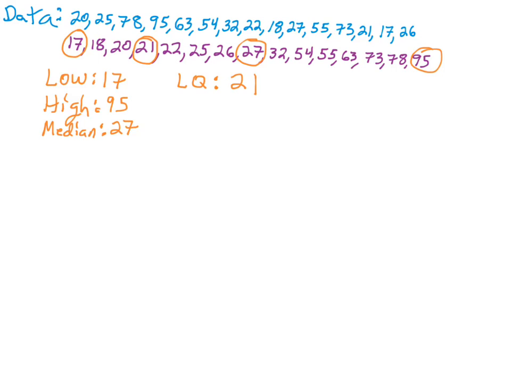Again, we're not including 27 because that would give us an even number of values. Same thing for the upper quartile. We want an odd number for the upper half and an odd number for the lower half. So 63 is our upper quartile, and our interquartile range is 42. That was 63 minus 21, which is 42.